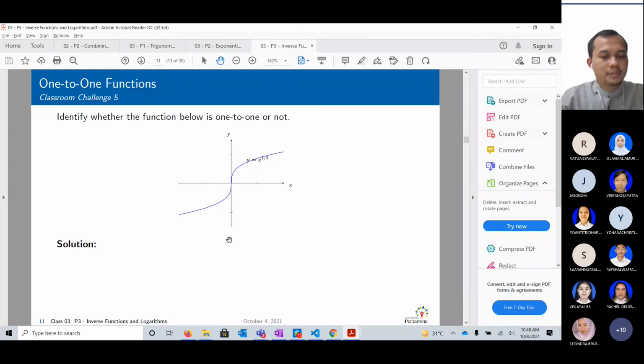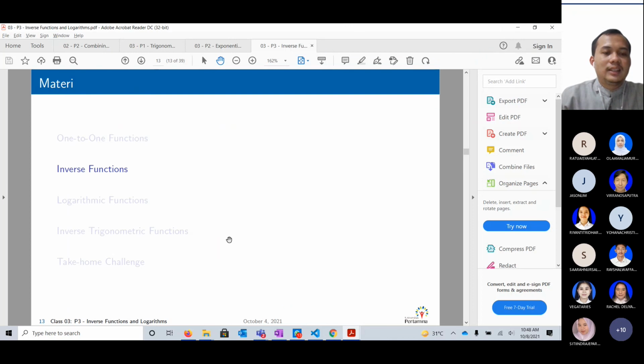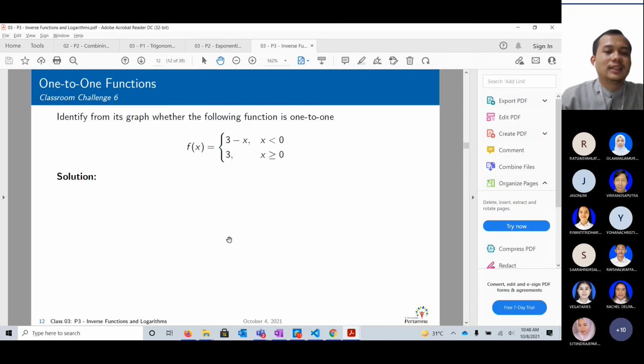No questions? Okay. Then there is this final challenge. This graph, this function, is it one-to-one or not?